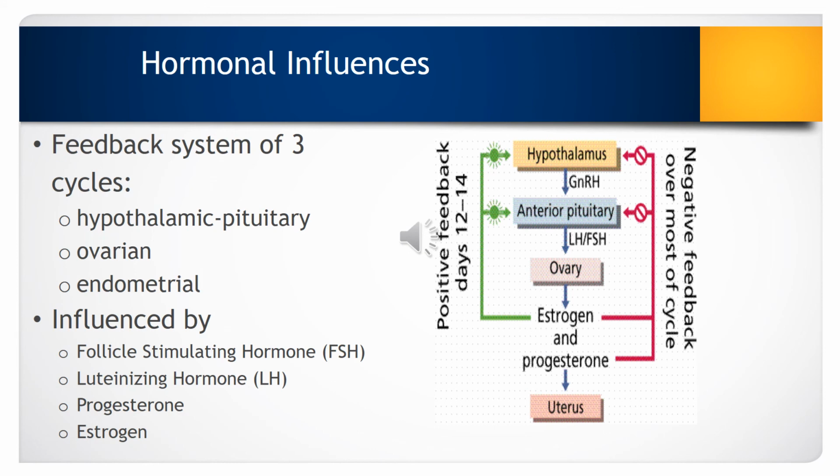This feedback system is influenced by 4 major hormones that are essential for the menstrual cycle and ovulation to occur. Follicle stimulating hormone, or FSH, luteinizing hormone, LH, progesterone, and estrogen are all key players in the menstrual cycle.